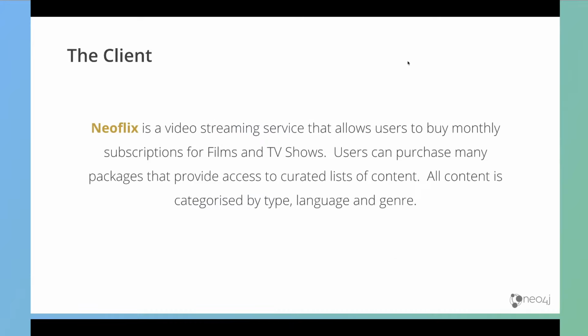So our client is Neoflix. Neoflix is a video streaming service that allows users to buy monthly subscriptions for films and TV shows. Those users can purchase many packages, which provide access to curated lists of content, and all of the content provided by Neoflix is categorized by type, by language, and by genre as well.